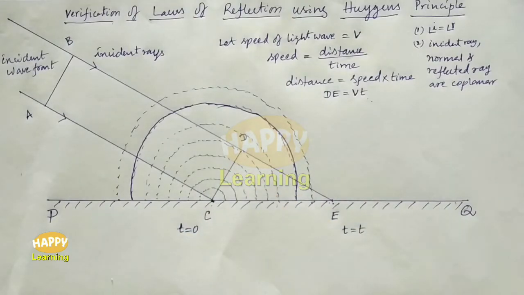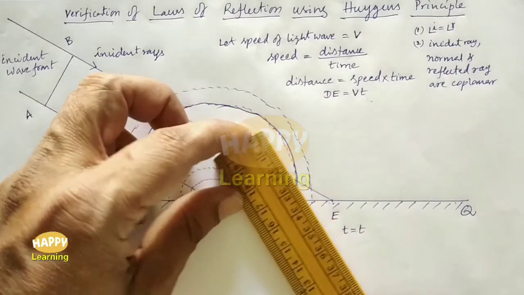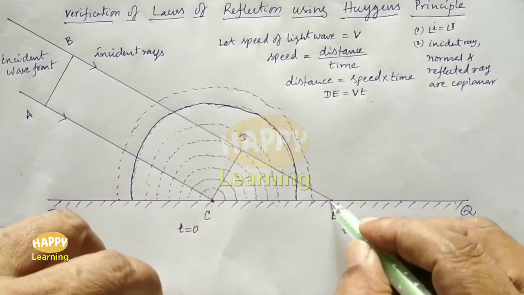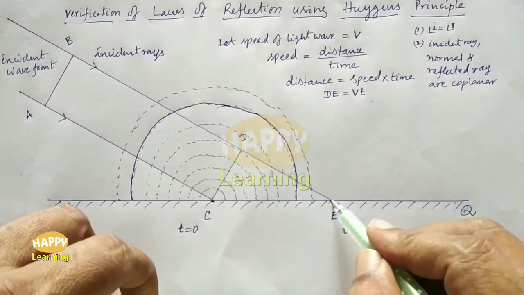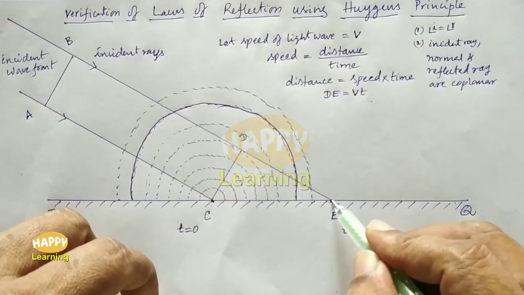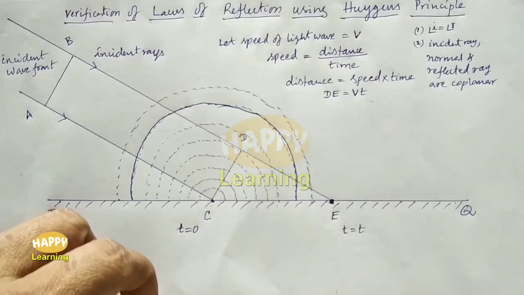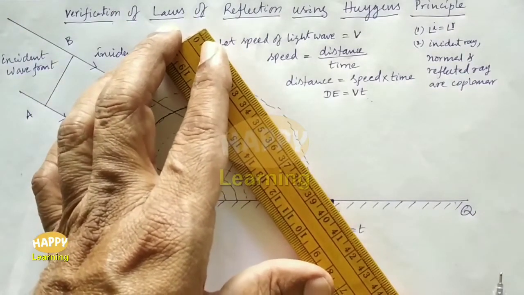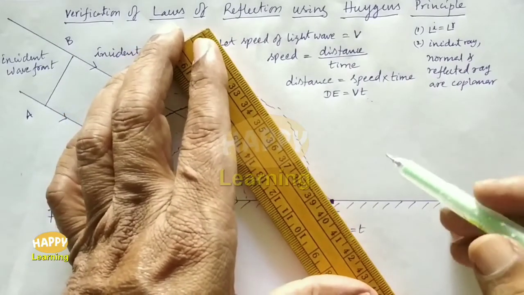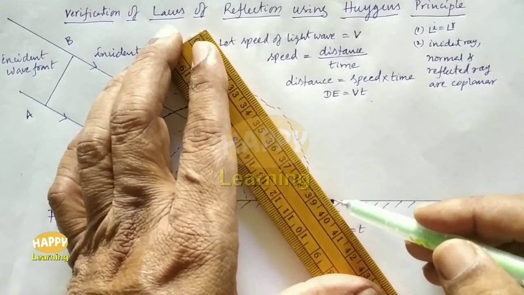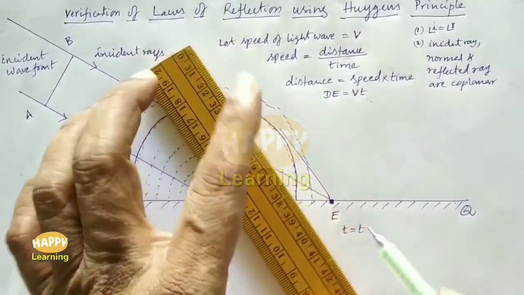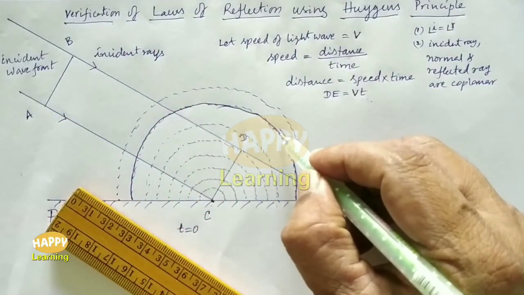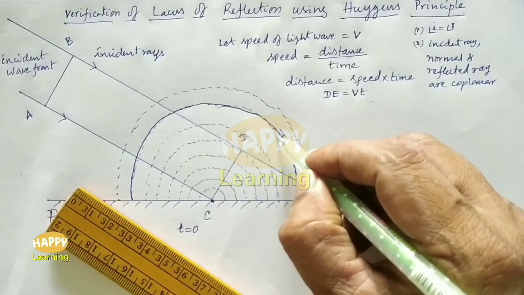Now let us draw a normal. By the time the ray reaches the point E, the secondary wavelet starts with a radius 0. So draw a normal from this point onto this surface. So this is the normal here.